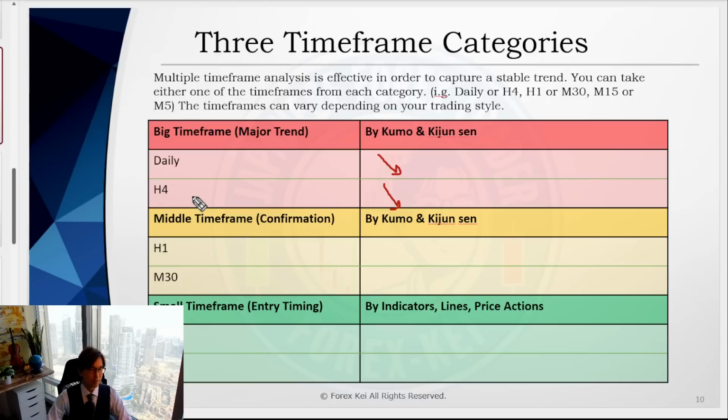But what if the lower time frame is retracing back when you are about to sell? Let's see if the 1 hour is up or the 30 is up. And if the 1 hour and 30 are up, that means M5, sorry, this is M15, this is M5, so most likely M5 is up and M15 is also up.